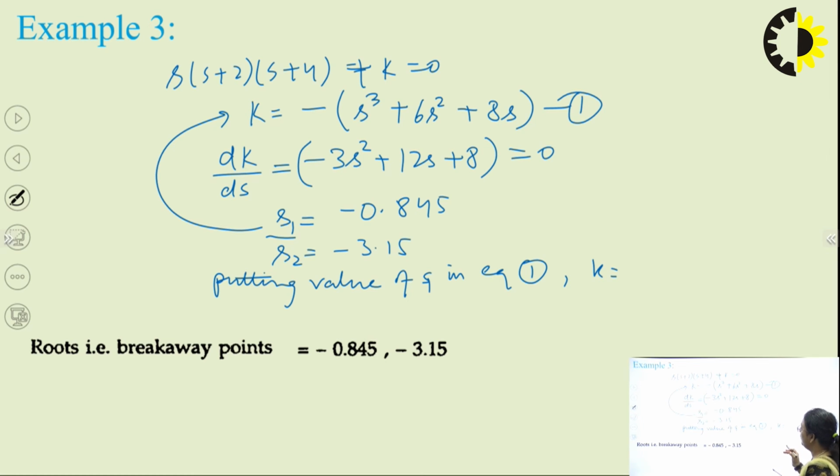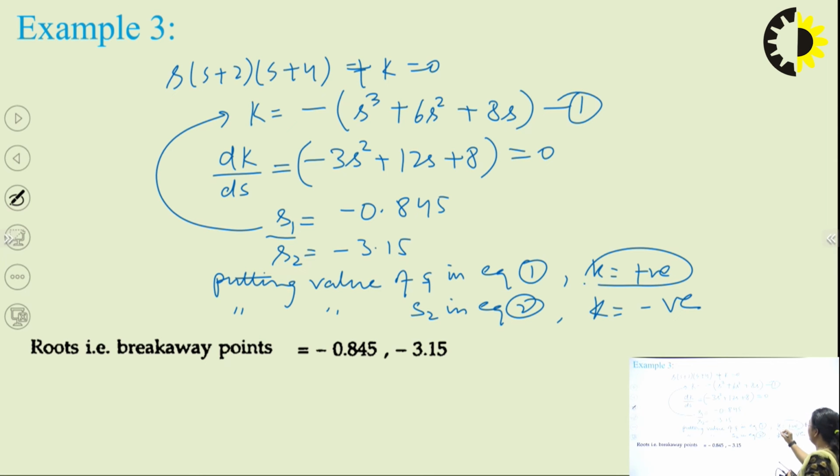When I put s1, k will be positive, and when I put the value of s2 in equation 2, I'll get k equal to negative. So s1 is the valid breakaway point, since I am getting k as positive here.